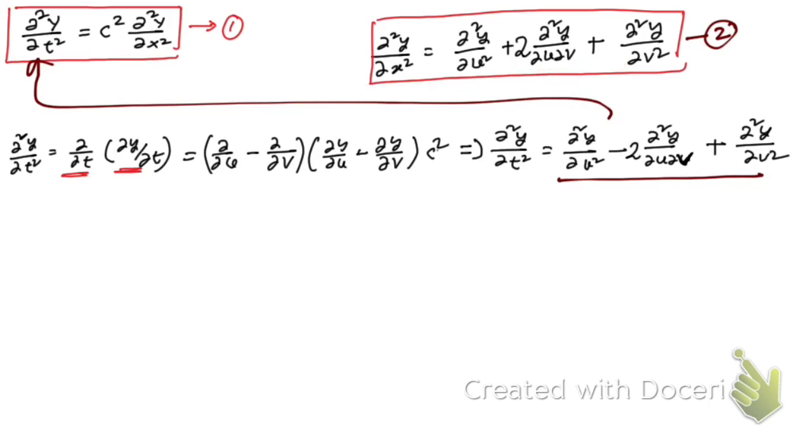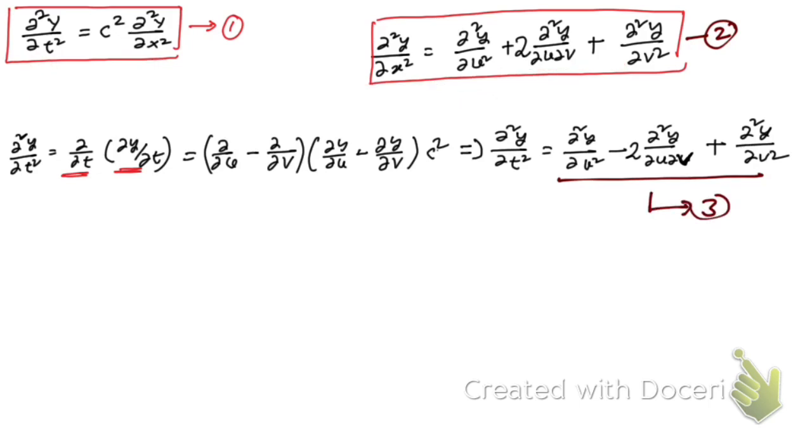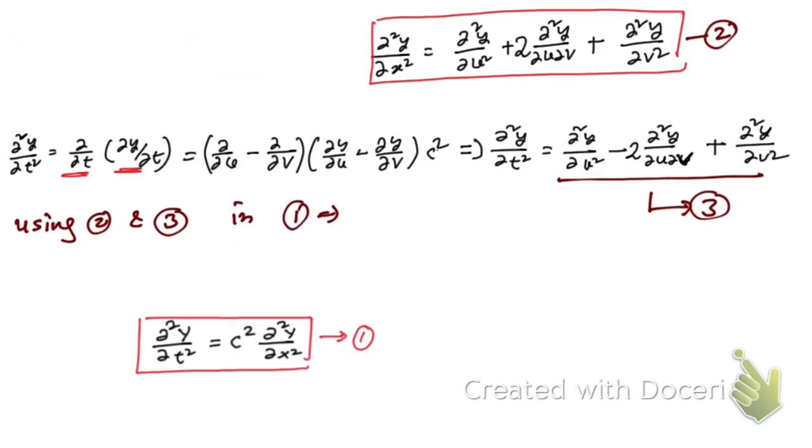So using 2 and 3, this is, suppose, equation number 3. So using 2 and 3 in 1, right? In 1, what we're going to have, so now you see this is equation number 1.